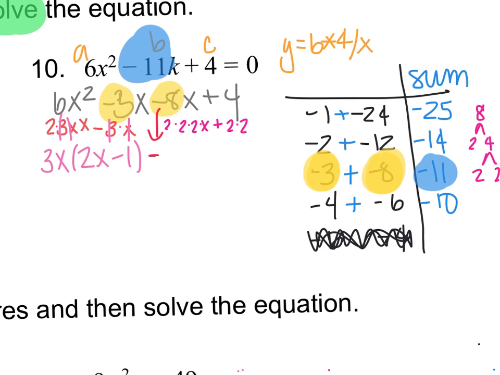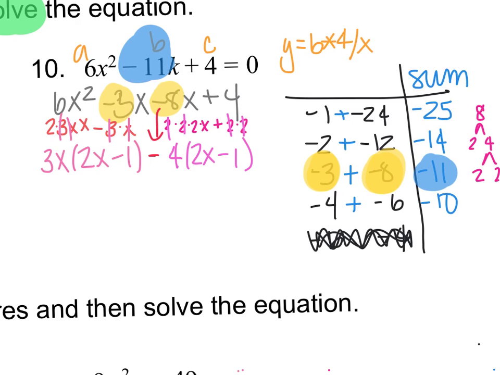So I'm looking for what these two pieces have in common. Well, they both have 2 2's in there, and 2 times 2 is 4. And then my leftover pieces are 2x. Notice I put a minus sign on the outside, which means I'm going to change the sign on the inside. So it's no longer going to be plus. It's going to be a minus sign on the inside. And I got rid of everything here, so that tells me this is going to be a 1.